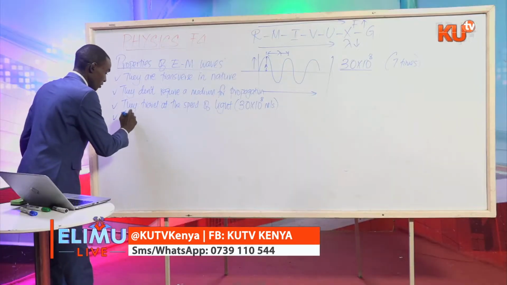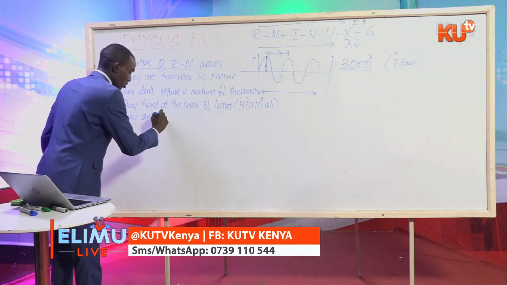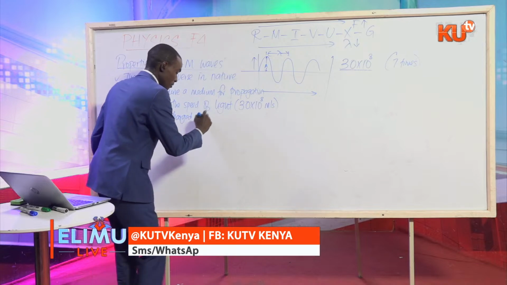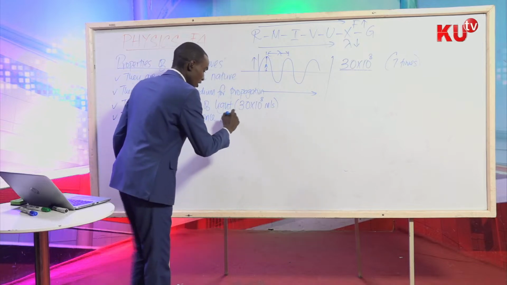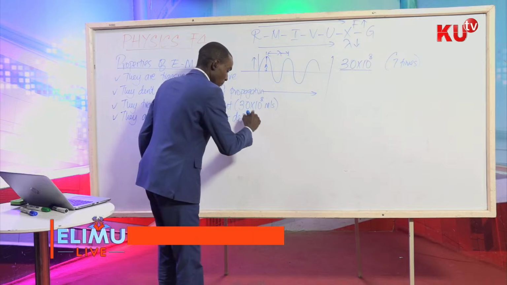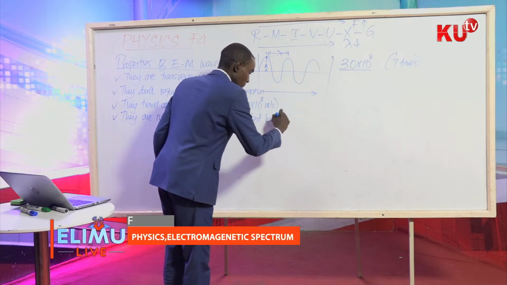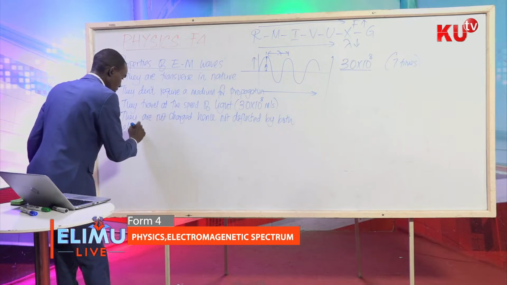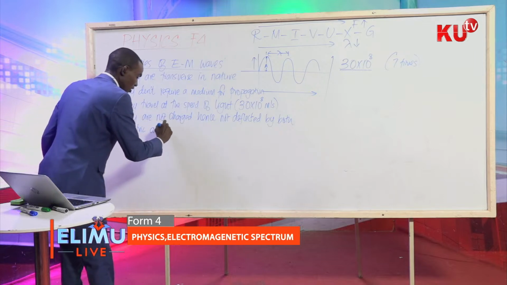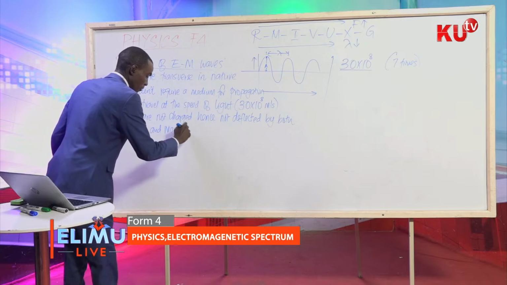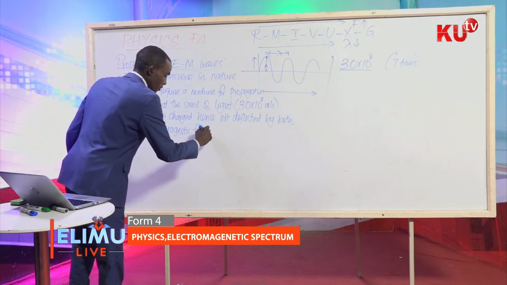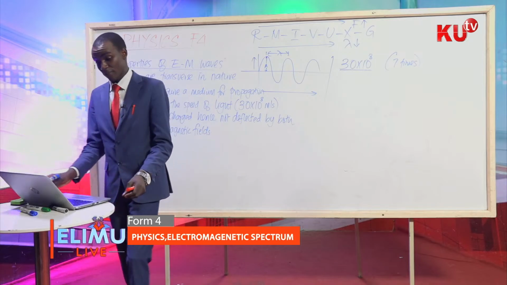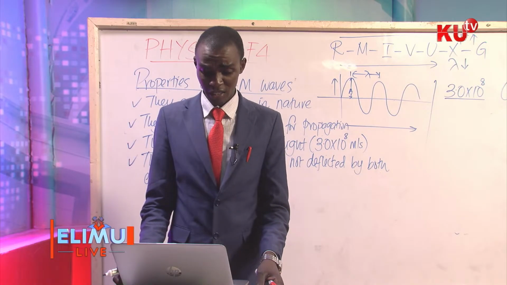Hence, they are not deflected by both electric and magnetic fields. So when looking at another topic by the name cathode rays, we shall see that those ones are affected.